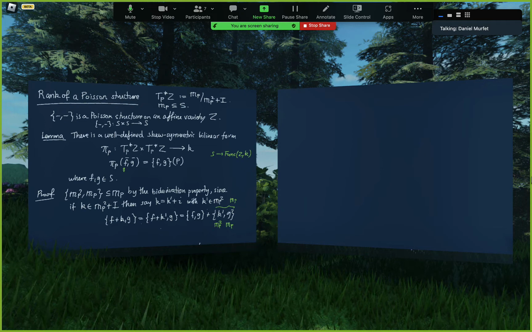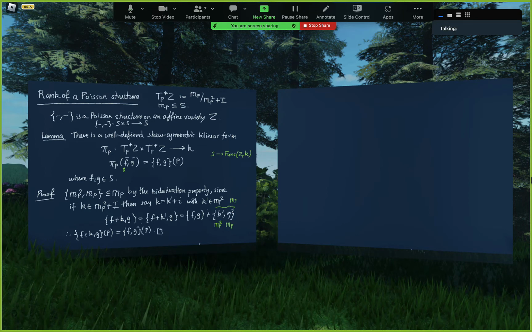And anything in MP vanishes at P. That's what it means to be in that ideal. Therefore, F plus K paired with G as a function at P is the same as F paired with G at P. Which shows that this is well defined, independent of the choices, which is what I claimed.